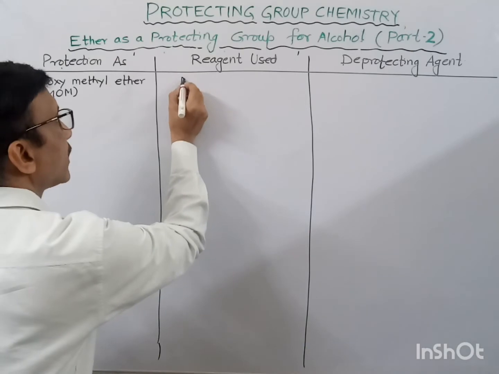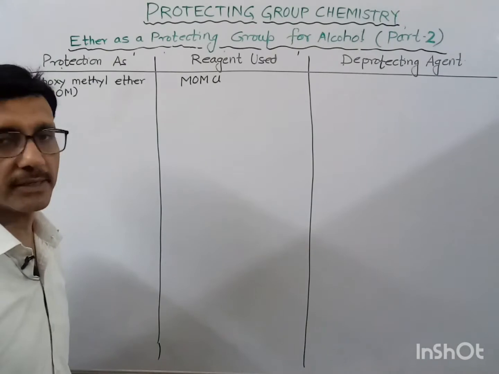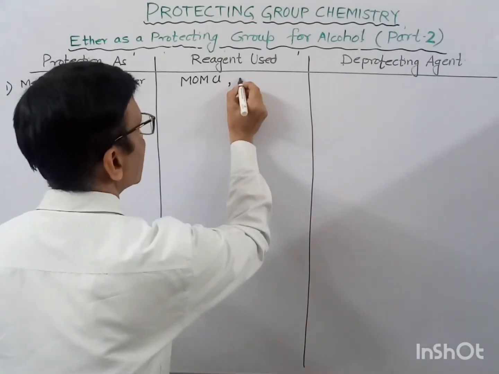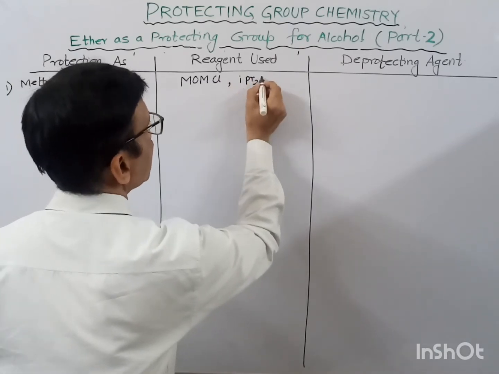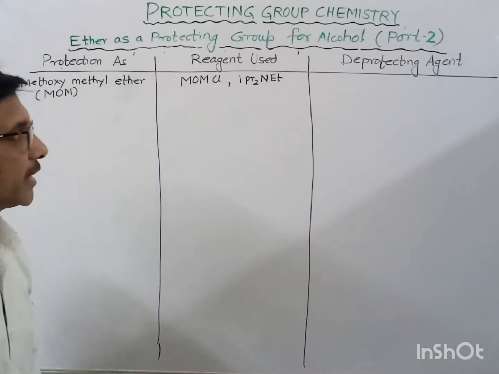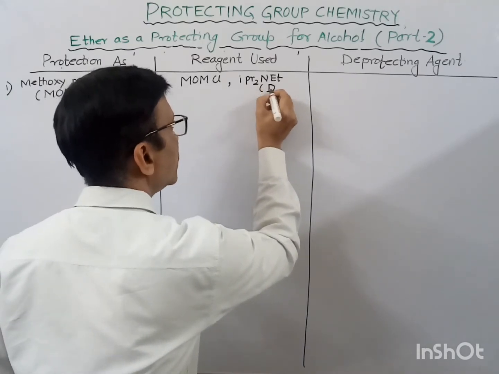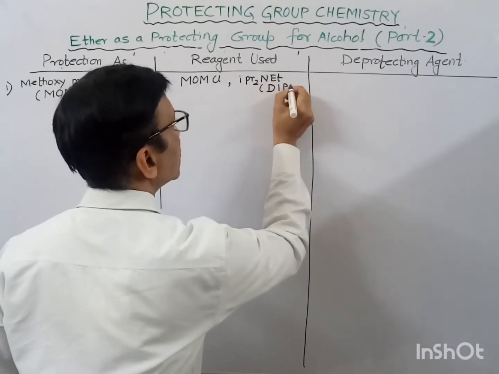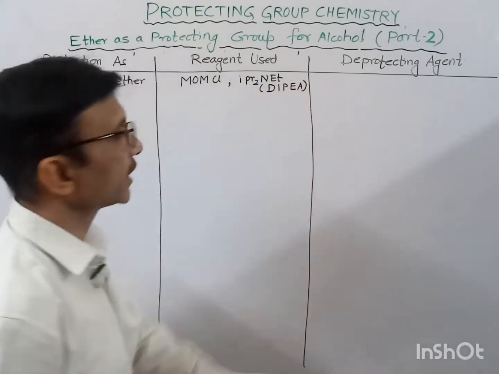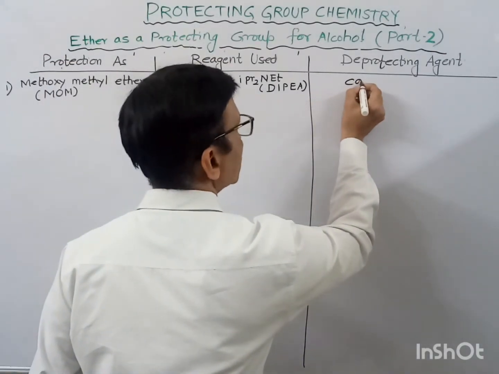In short form I can write it as MOM chloride. This may be used in presence of some base, for example N,N-diisopropylethylamine, which we can write in short form as DIPEA. For deprotection we use concentrated HCl.